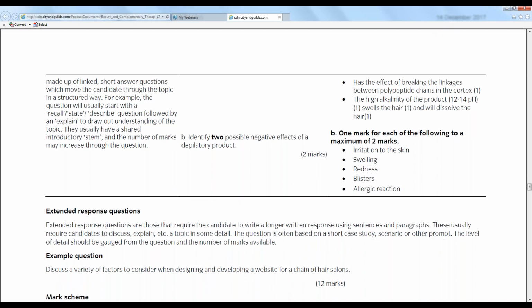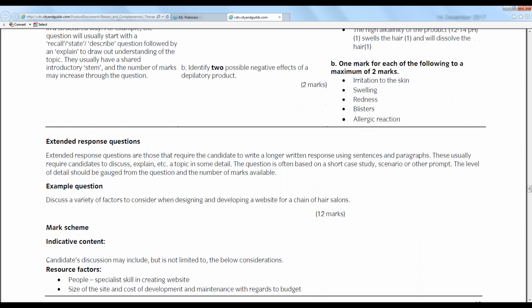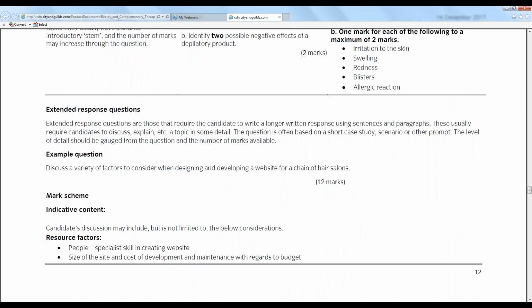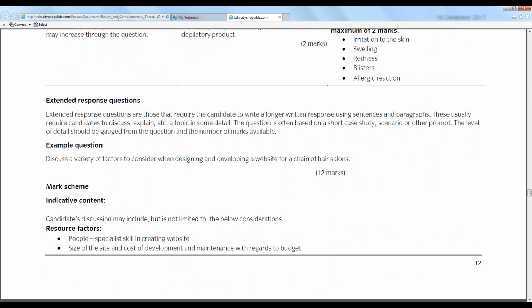Then we're going to go on to an extended response. So we're giving the learner an example question, a case study approach. Discuss a variety of factors to consider when designing and developing a website for a chain of hair salons. Now this is worth 12 marks and we're asking them to discuss.